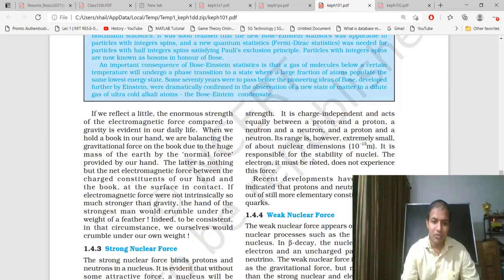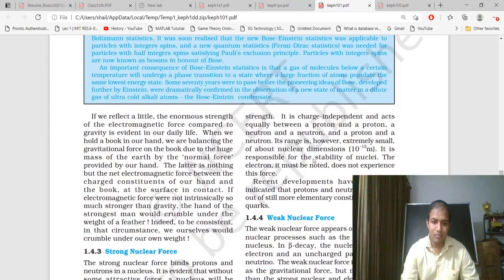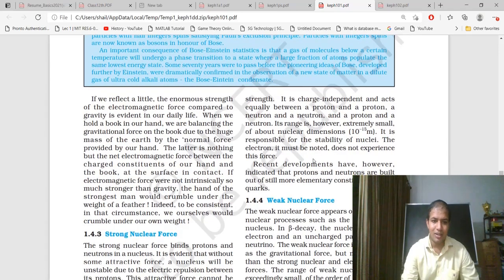If electromagnetic force were not intrinsically so much stronger than gravity, the hand of the strongest man would crumble under the weight of a feather. Indeed, to be consistent in that circumstance, we ourselves would crumble under our own weight. We can see how our normal force balances our body weight.